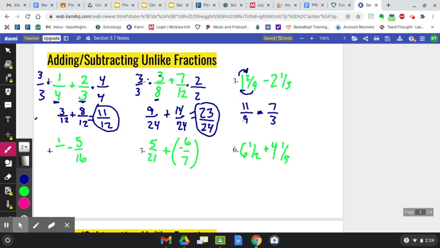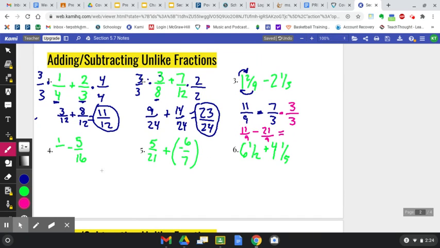I know that 9 is the least common multiple, meaning that all I have to do is multiply this one fraction by 3 over 3. So this would stay 11 over 9 minus 7 times 3 is 21 over 9. So 11 minus 21.